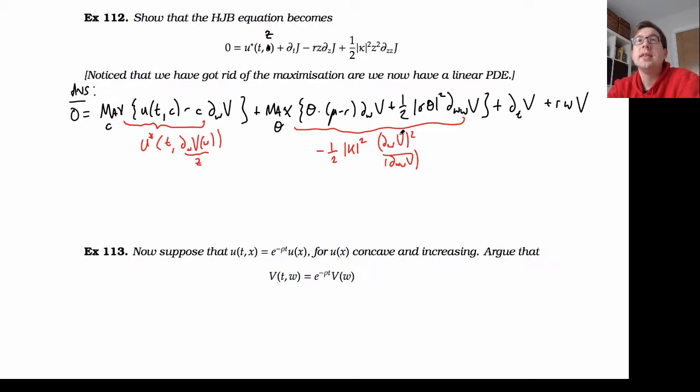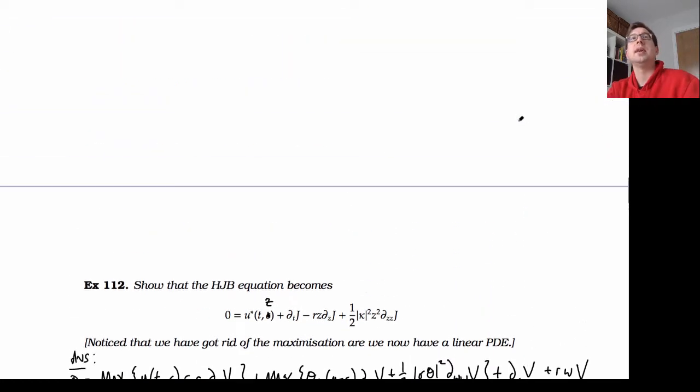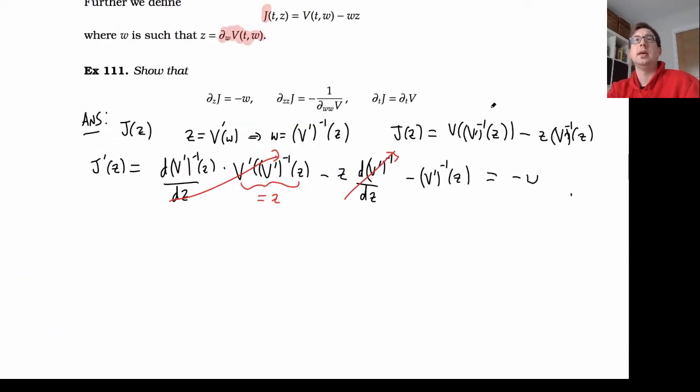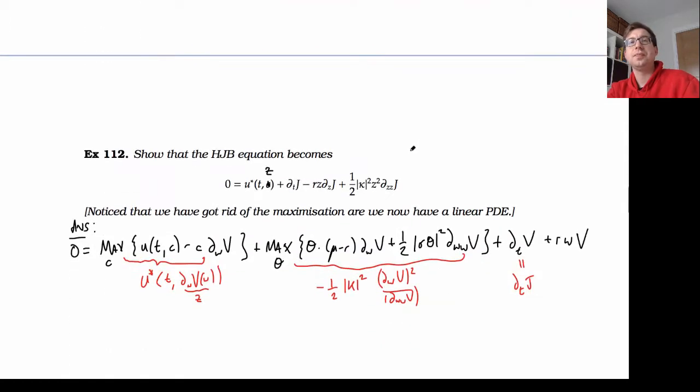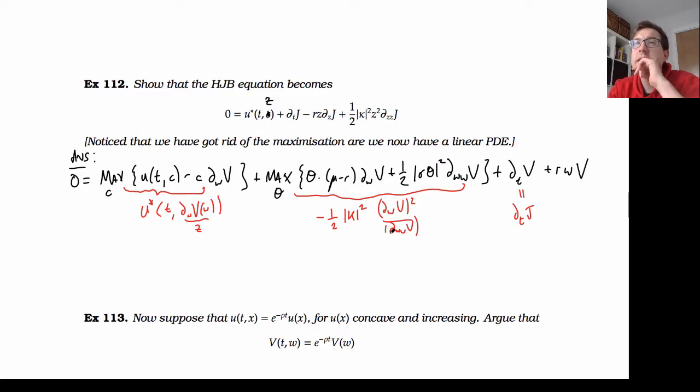Then I can substitute in the values of the j's. For example, this guy is going to be the partial derivative with respect to t of j by this term here. For this term here, I'm going to get the second order partial derivative of j. For this term here, that's just equal to z squared.